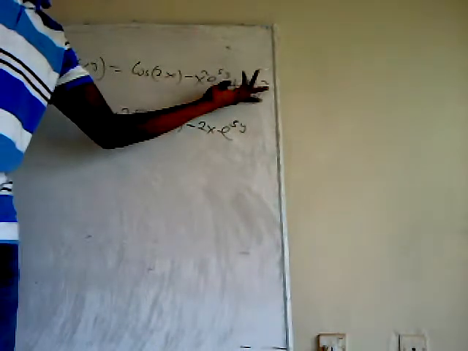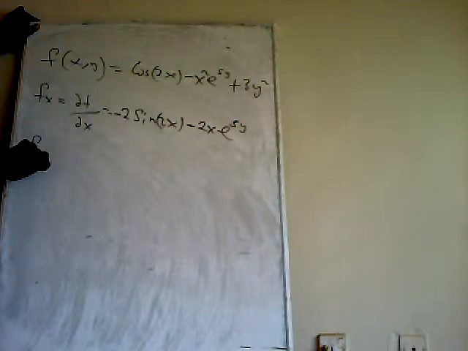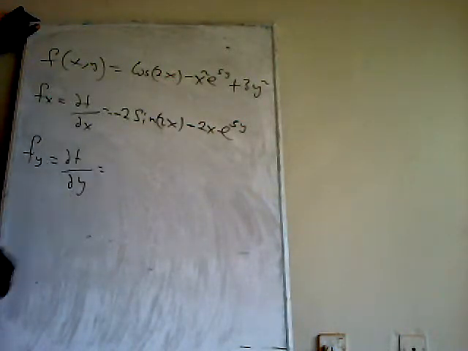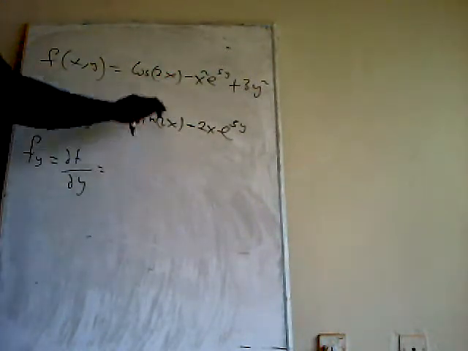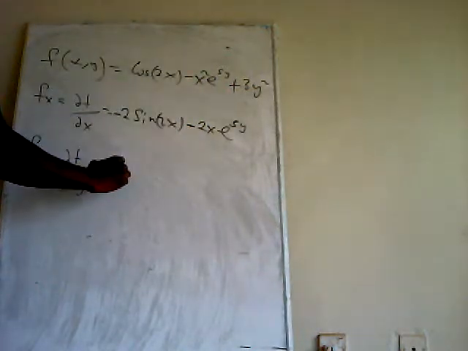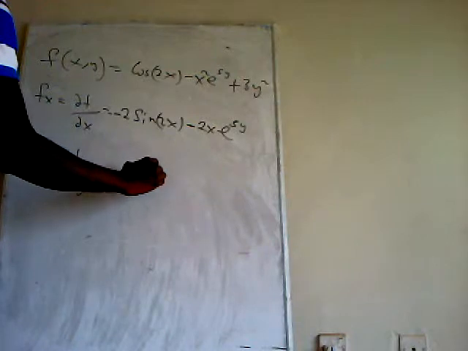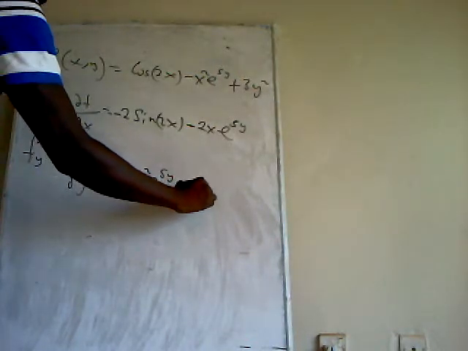There is no x here, so here goes to 0. Next, I can find fy, which is del f del y. If I differentiate this one with respect to y, there is no y here, so everything here goes to 0. This one here is going to give me minus 5x squared e 5y plus 6y.